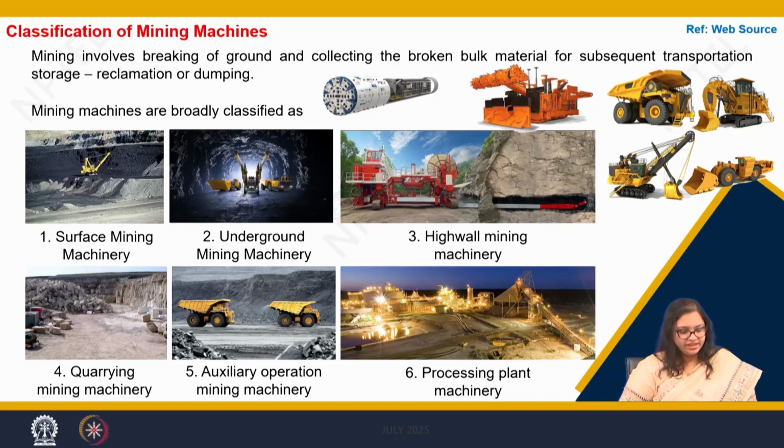We also have another category which we call quarry mining machinery, where these machineries are being used in quarry mining of limestone, dolomite, granite, marble, etc. Along with these machineries that are being used for different mining operations in different conditions, either open cast mining, underground mining, high wall mining, or quarry mining, we have various auxiliary mining machineries which are being used for the auxiliary operations, like for transportation.